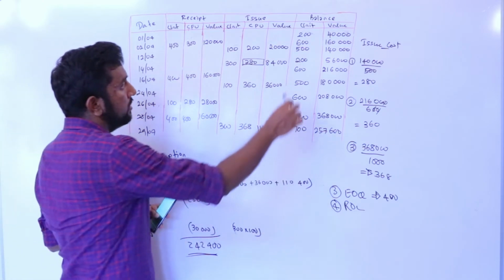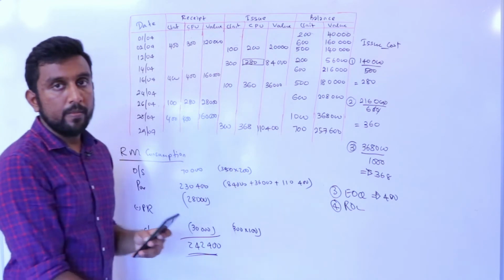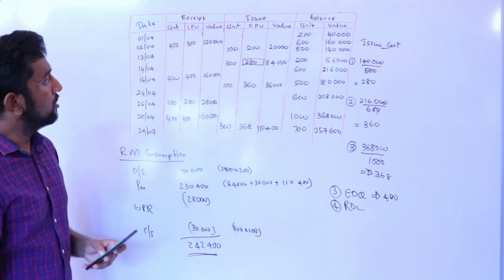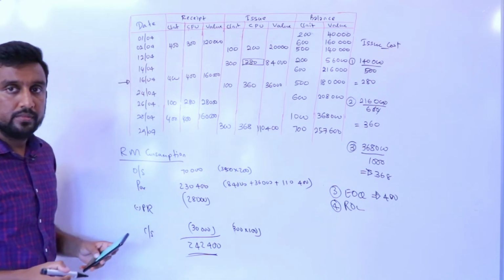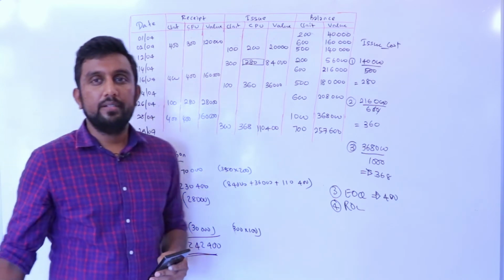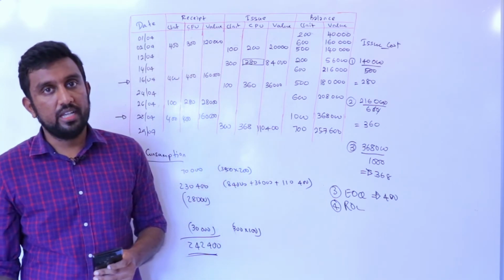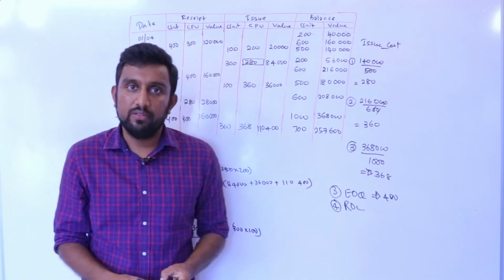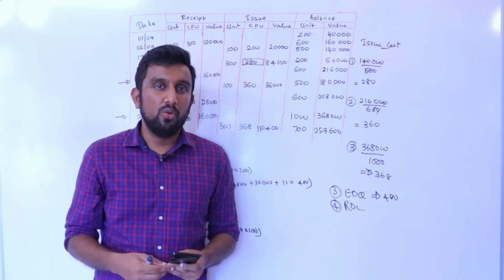It is moving: received, then issued, then issued again. We received the goods on the 16th and on the 28th. Why did we receive? We should have made an order. When did we make an order?